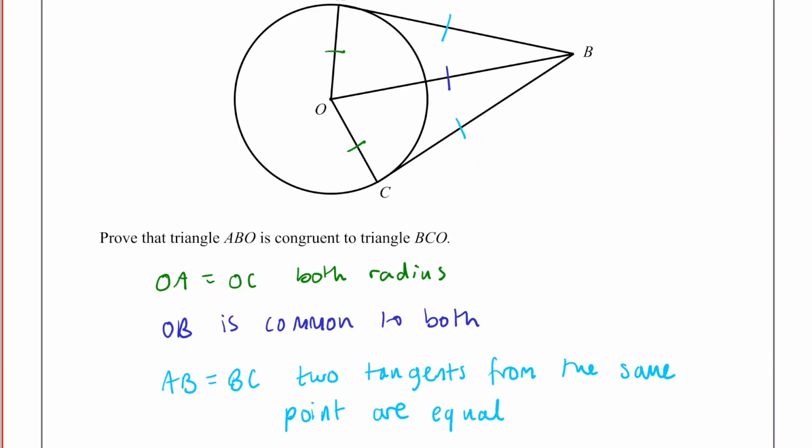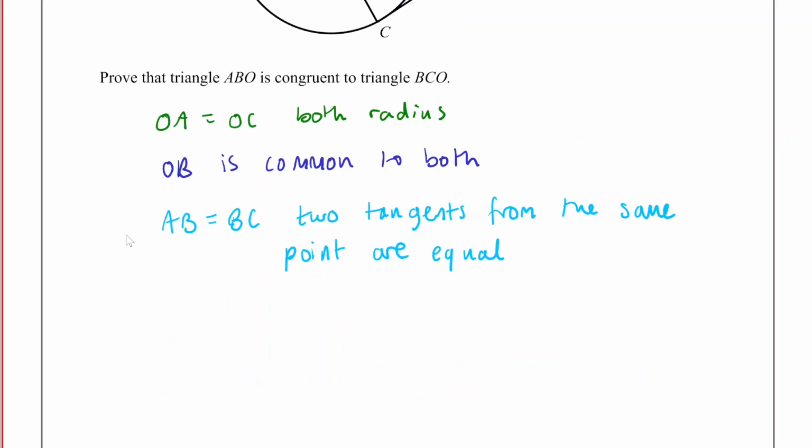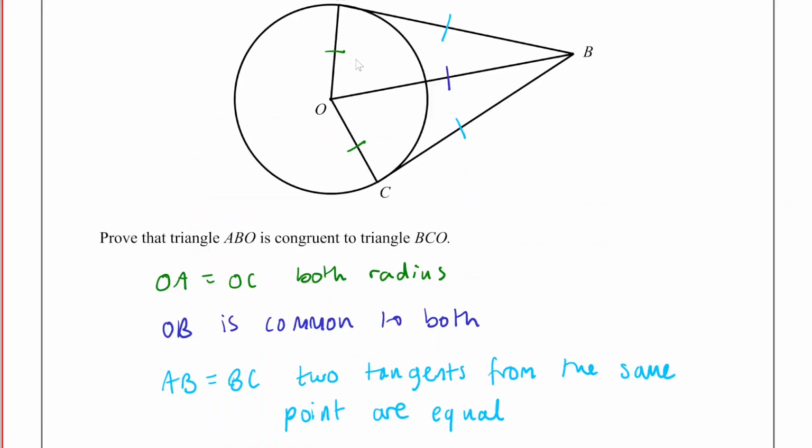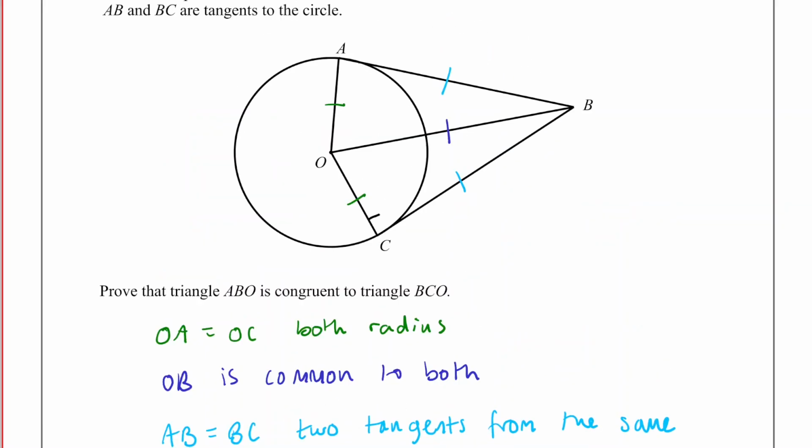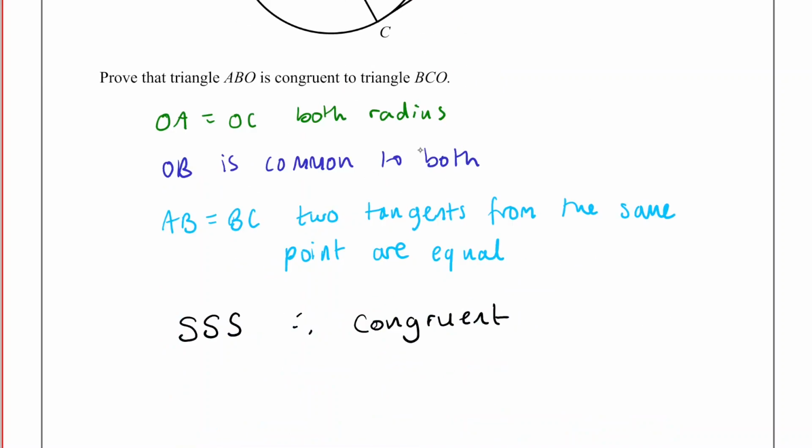So to have congruent triangles, we can say we've got side, side, side, therefore congruent. We could have also done this by saying we've got a right angle, tangent meets a radius at 90 degrees, and then we could have had right angle hypotenuse on one other side, or side angle side. Any of those would have been okay.